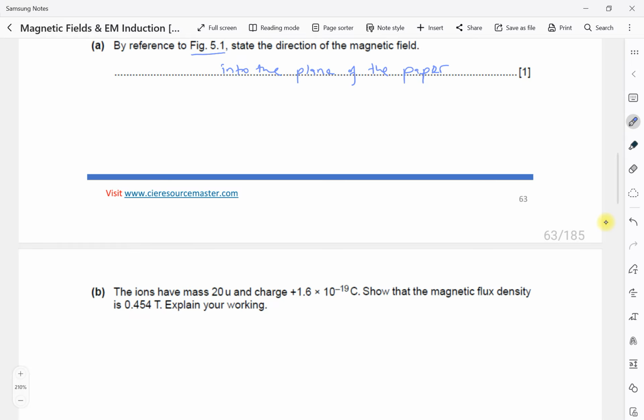The ions have mass 20U and charge positive 1.6 times 10 to the minus 19 coulombs. Show that the magnetic flux density is 0.45 teslas. Explain your working. So we have already said that the magnetic force provides centripetal force.